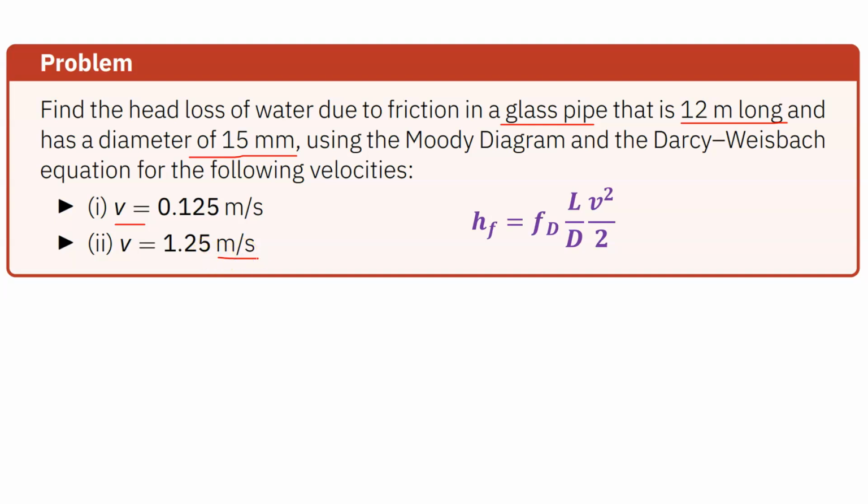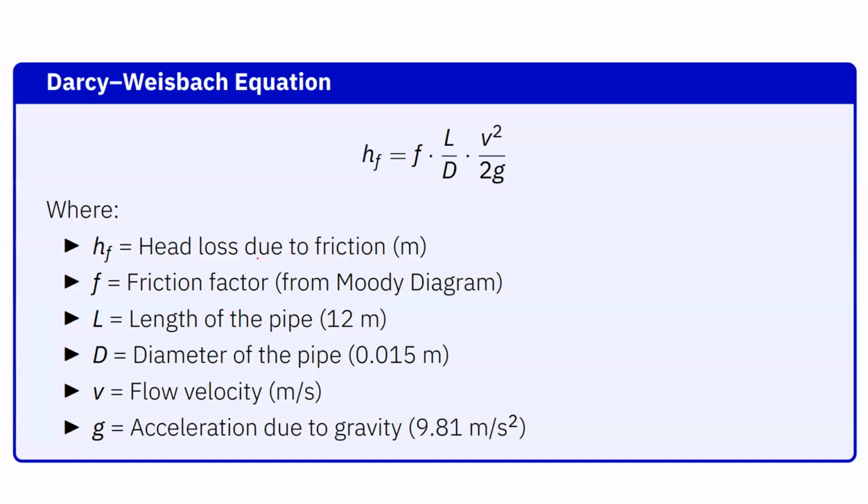I told you, if we want to calculate the friction factor, first we have to calculate the Reynolds number. But before that, this is the Darcy-Weisbach equation: hf is equal to f L by D times V square by 2g. If g is not there, then the unit will be different.